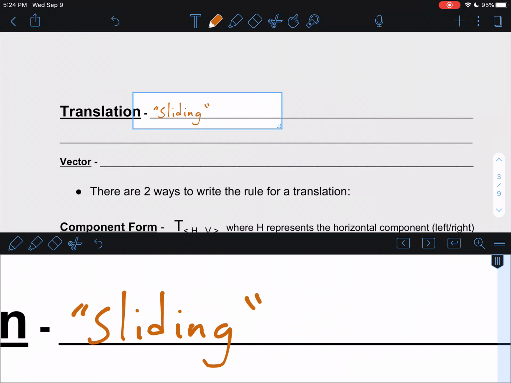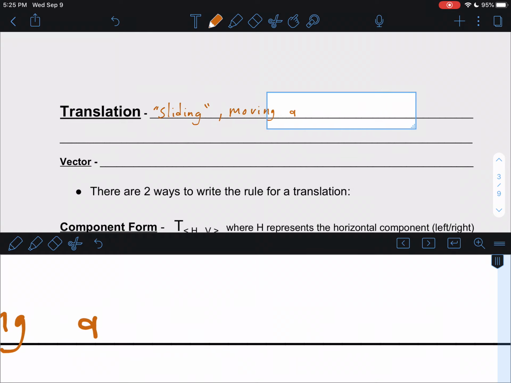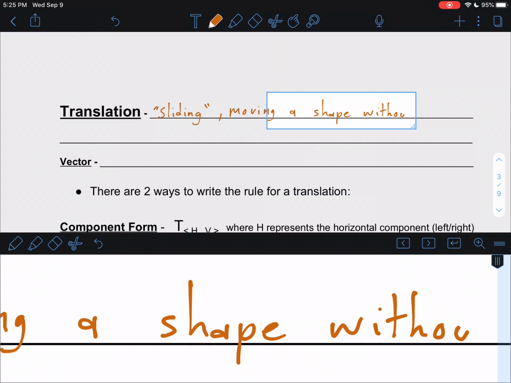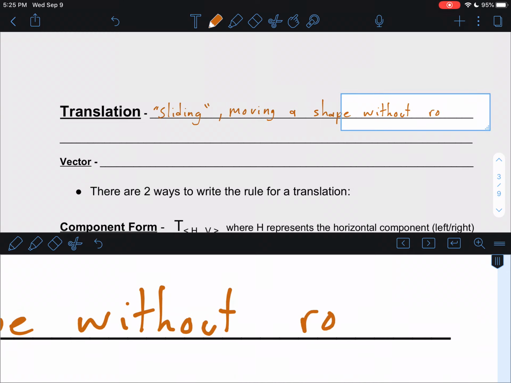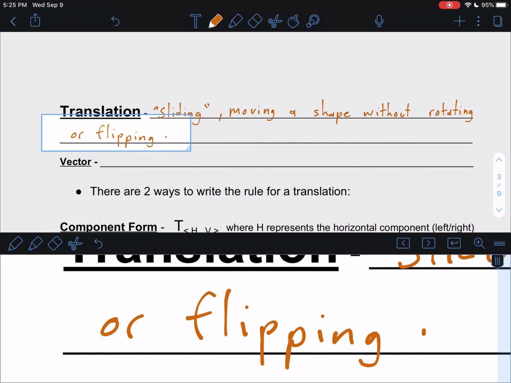So you are moving a shape without rotating or flipping it.